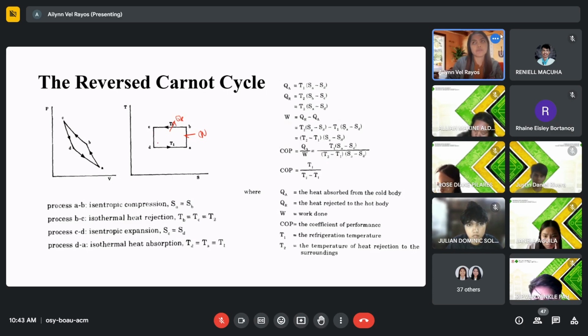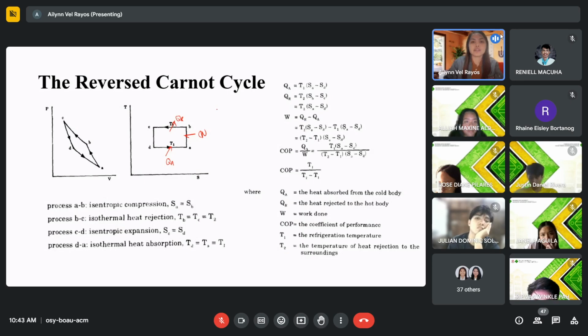C to D, throttle valve, isentropic expansion. And then meron tayo ditong QA sa evaporator or yung heat added natin sa evaporator. So yung QA at yung heat added, so yun yung heat na nare-remove sa ating refrigerated space. Or you can say that this is our refrigerating capacity, QA.